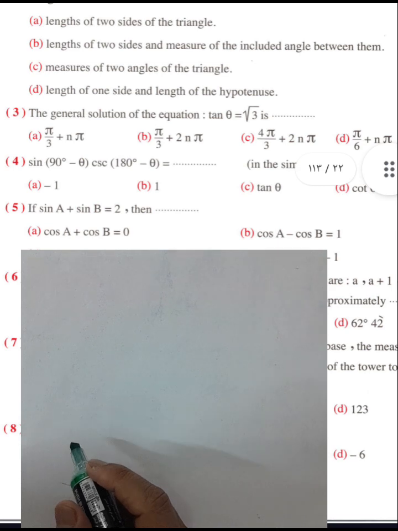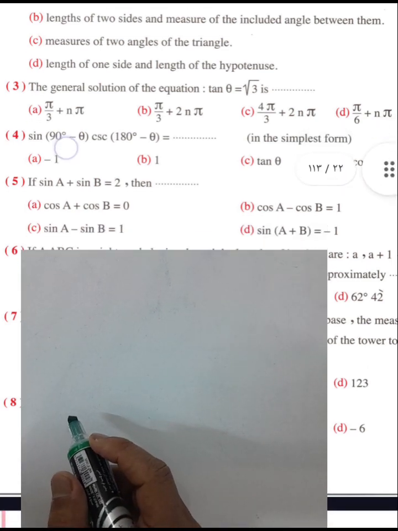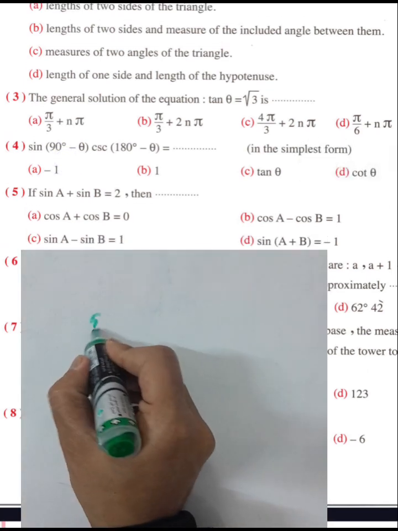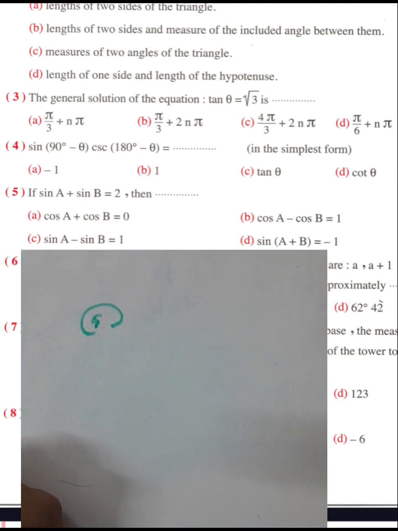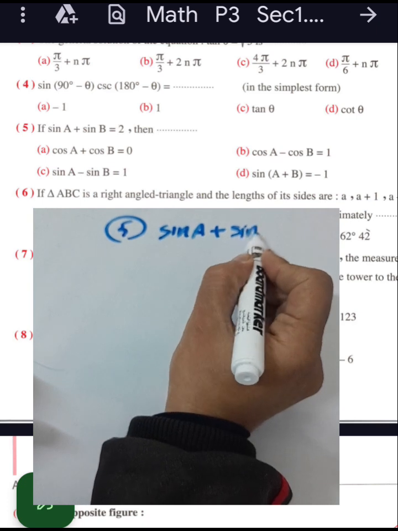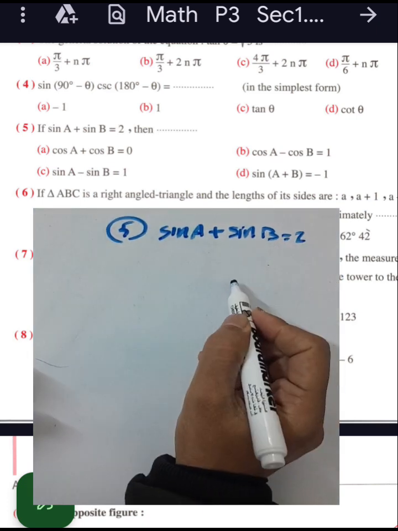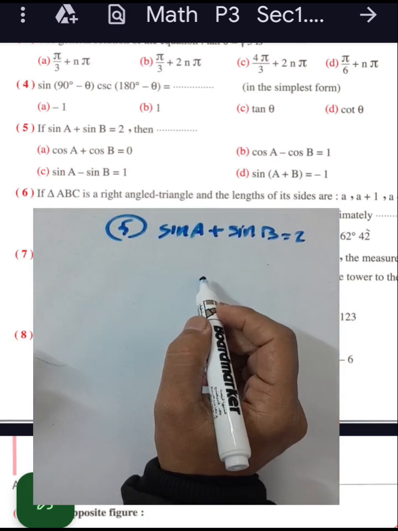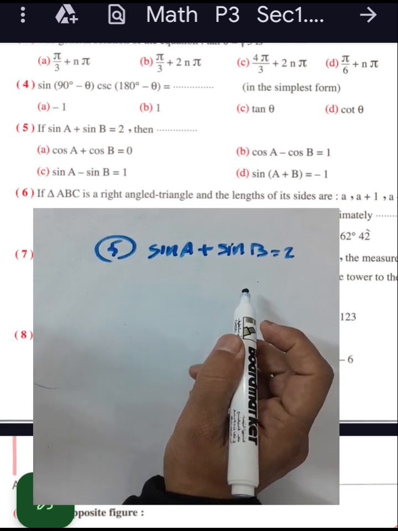Question number 5. We have: if sine A plus sine B equals 2, which solution is true? What does it mean?